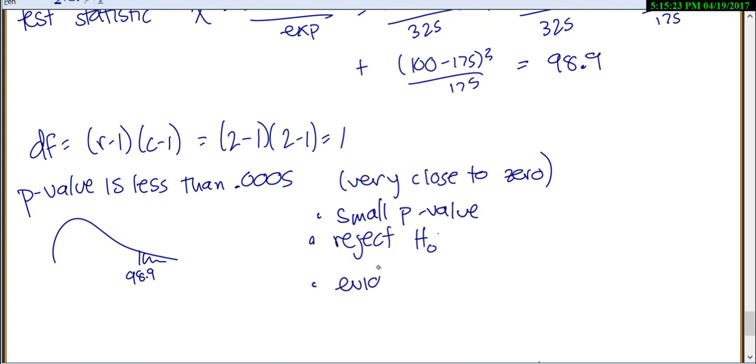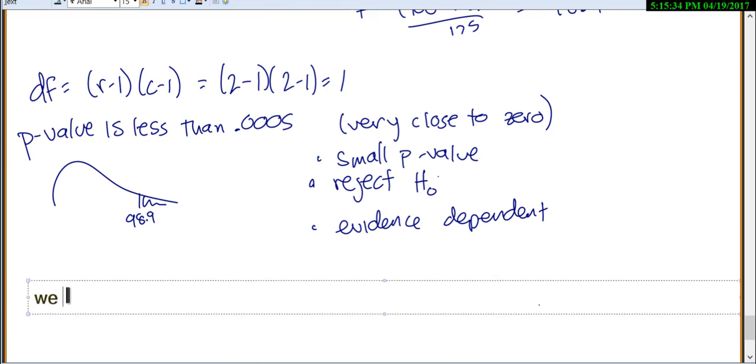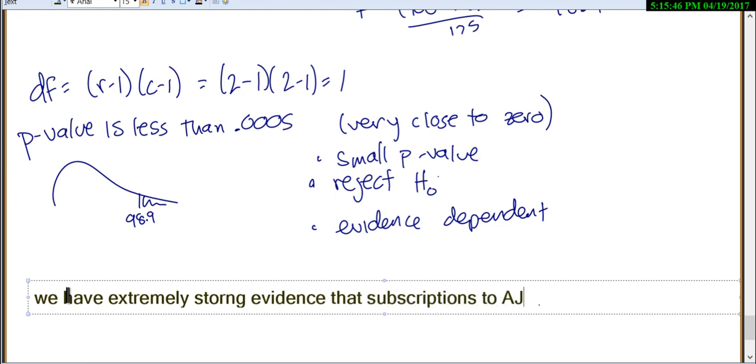And if we reject our null, that means we have evidence that they are dependent, meaning they affect each other. So we have evidence, well really that was a very small p-value, so we have extremely strong evidence that subscriptions to the Atlantic Journal and Beacon News affect each other.